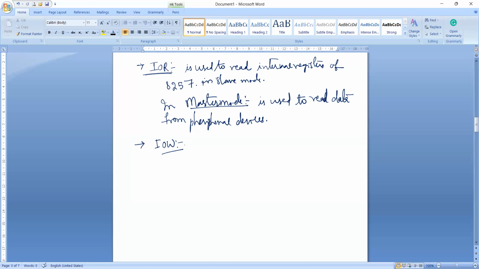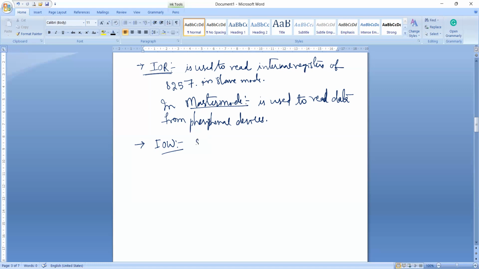In master mode, it is used to load the data to the peripheral devices during the DMA memory read cycle.